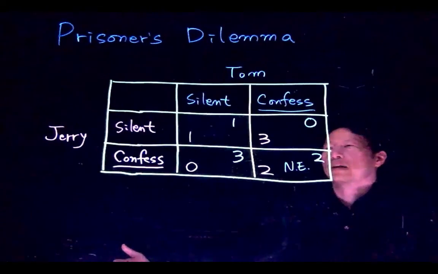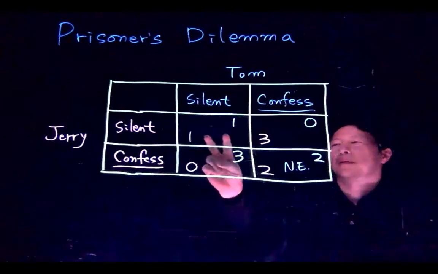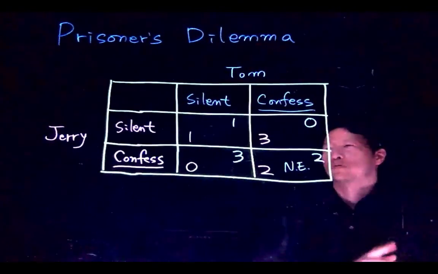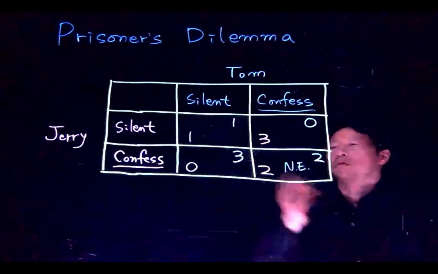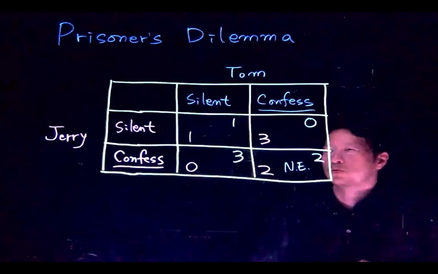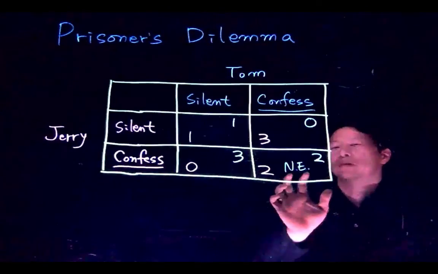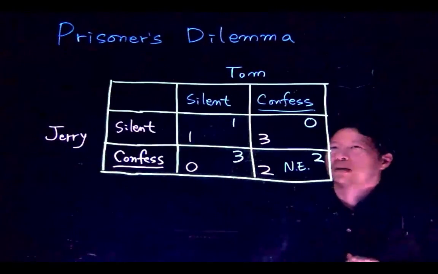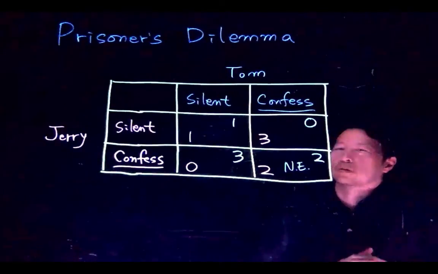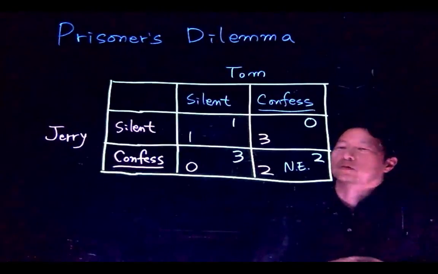So even though they know both of them would be better off without advertising, because one of them will advertise, they end up with the same result. Both of them will do the TV commercial advertisement. They spend a lot of money.